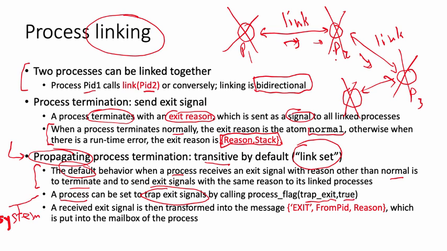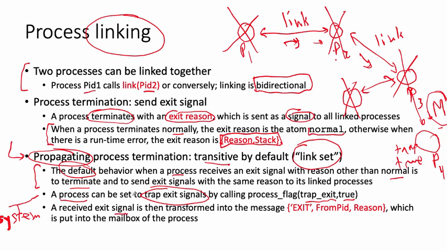And for that process, maybe P4 is a special one. It's linked here. It will not crash, but it will receive a message. So the processes that have this flag enabled will not crash, but they will receive a message.